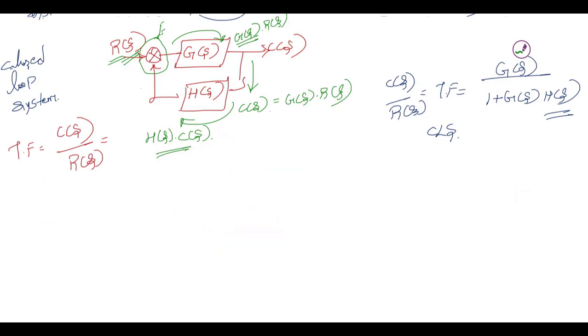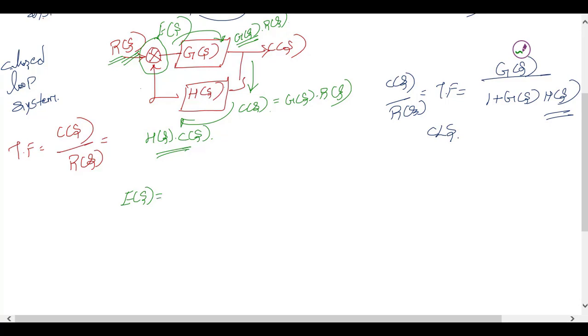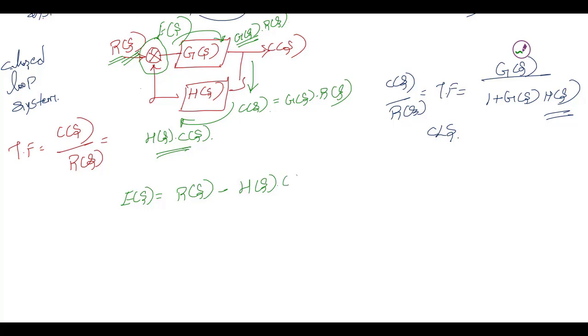So the error signal produced is E(s). E(s) is nothing but R(s) minus H(s) into C(s), and we can see the overall response of the closed loop system when the feedback is introduced. Here we have G(s) into E(s), so the output response C(s) is equal to G(s) into the error signal.